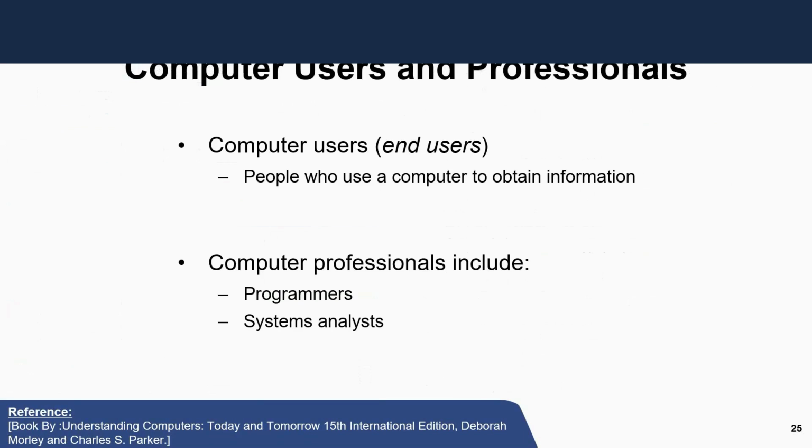There are two types of users that use computers. One is the normal computer end user, which uses them for its own benefit. I have a budget, I have a movie to watch, I have some email to send, and I am the end user. Now there is another type of user, and those are professionals, programmers, or system analysts.